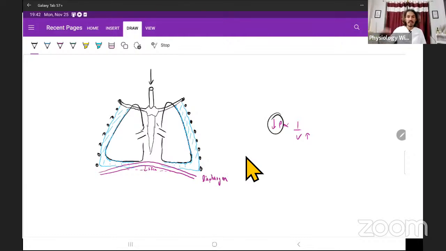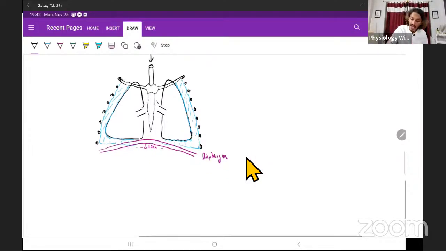Because of this pressure becoming less inside, because of the increase in the volume that happened, that is how air comes in. So for inspiration, what is the tidal inspiration? What is the important muscle? Diaphragm. Now diaphragm, if you need to forcefully inspire, can be pulled down to as low as 7 centimeters.